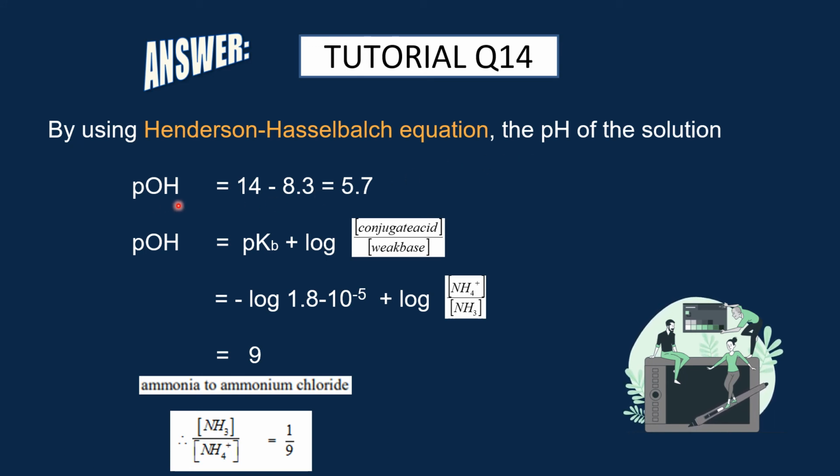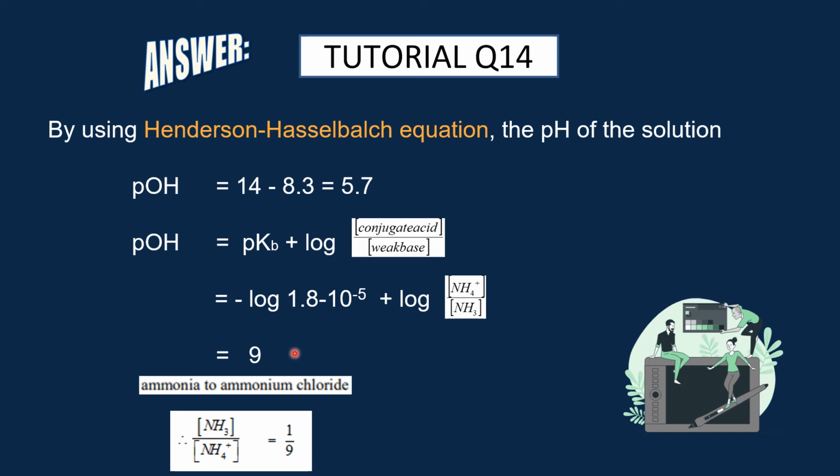Given pH 8.3, but this question is with ammonia, a weak base, so we have to calculate the pOH. The pOH of this system is 5.7, equal to pKb plus log of conjugate acid over weak base.